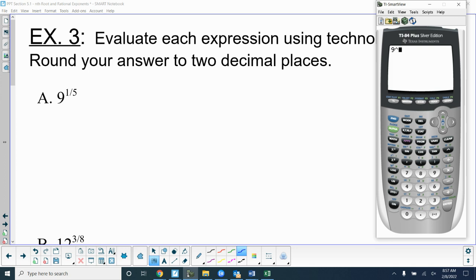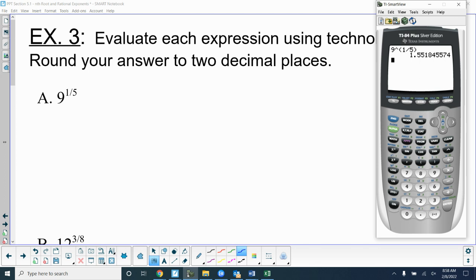And then the fractions, if you have an older one like me, you have to put it in parentheses. If you have a newer one like Sophia does, it'll put it up there for you. You just put 1 divided by 5. But if yours is like mine, I have to do parentheses 1 divided by 5. Like that. Okay?